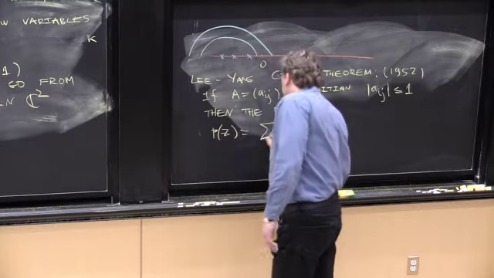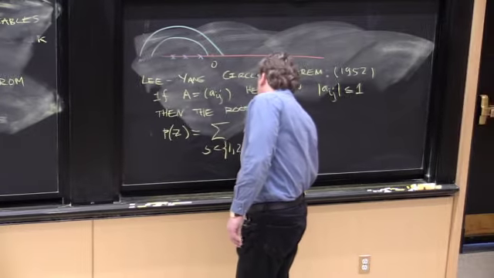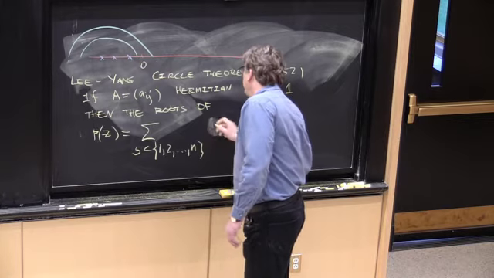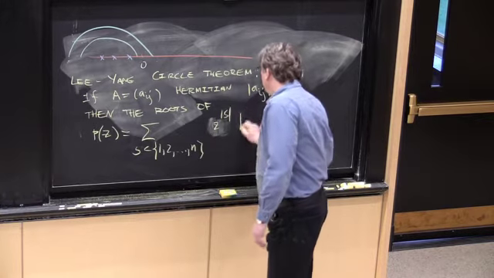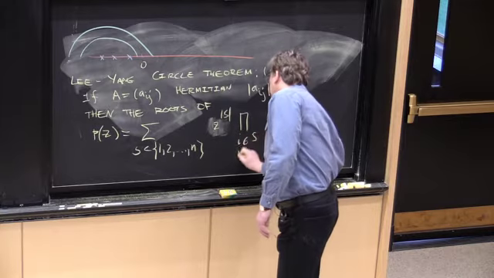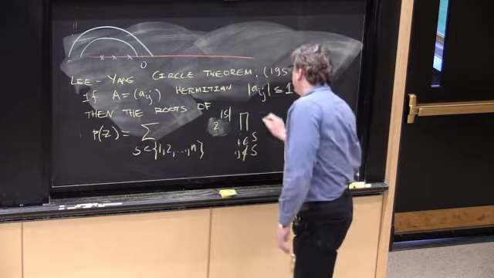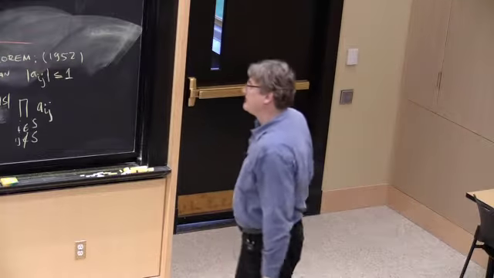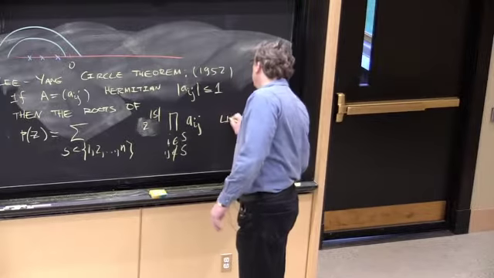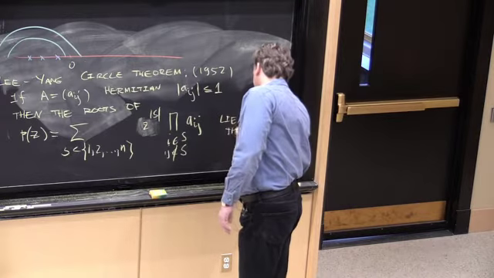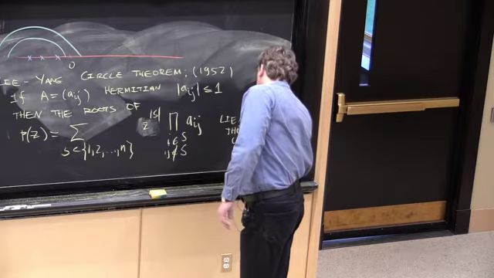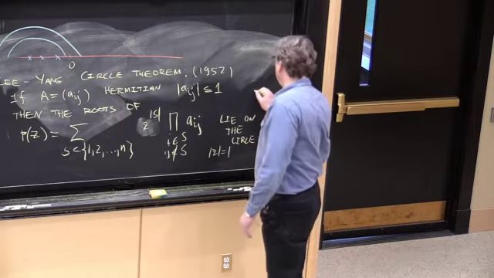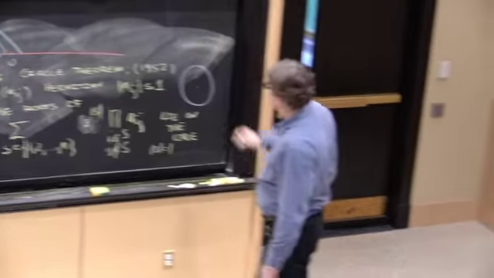so you take the sum over all subsets of the set 1 to n, z to the cardinality of the subset, product over all cuts associated with this subset. The roots of this polynomial lie on the circle |z| equal to 1.